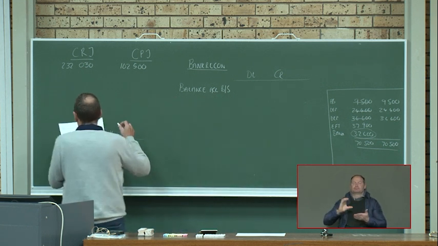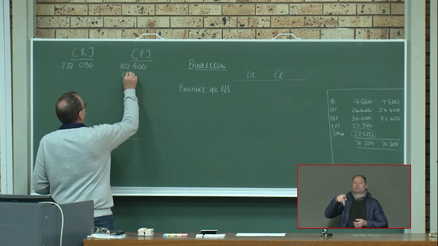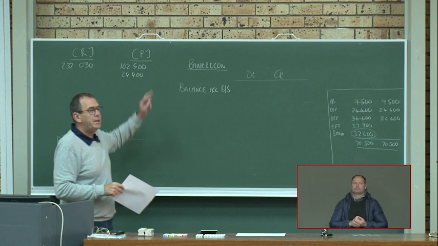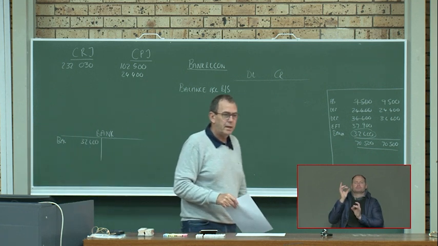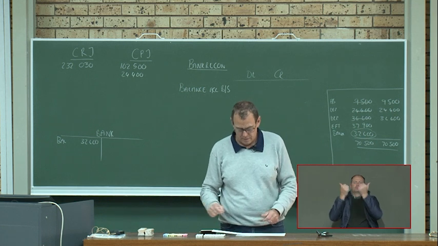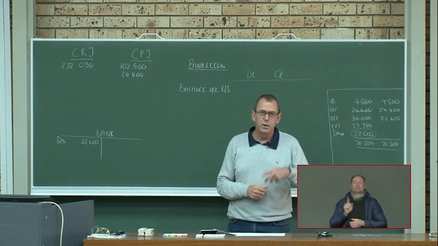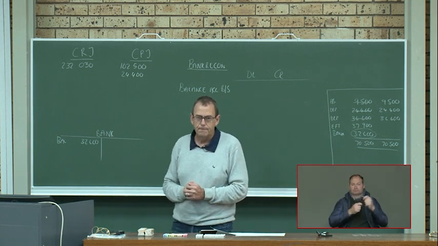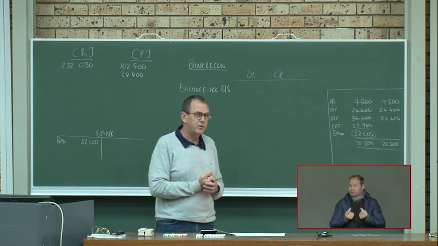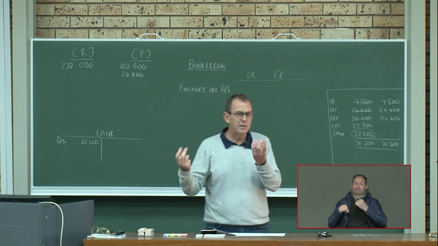Now, in the CPJ, we will have 24,400. What will be the details? To what account will we take that? They say it was in respect of sales. Will you take it to sales? Some memos do take it to sales. I don't agree with that, because it just decreases your sales.